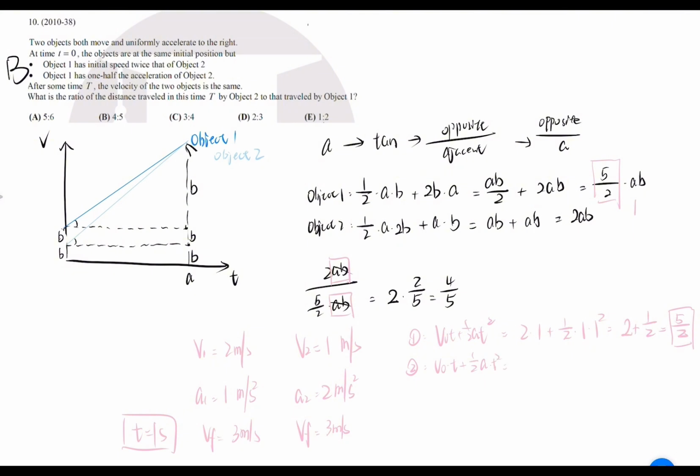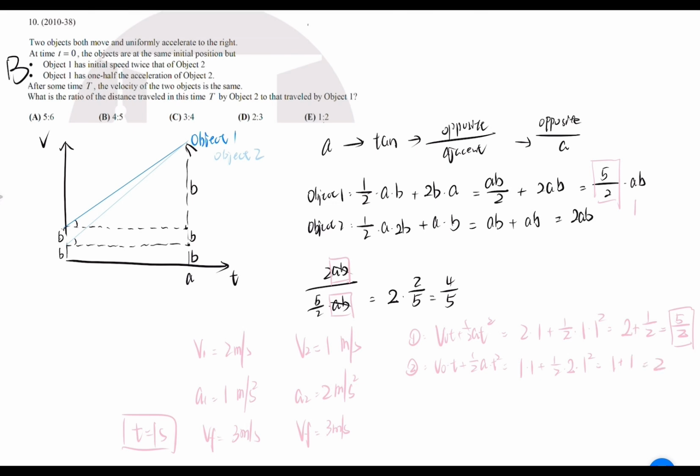This is 1 multiplied by 1 plus 1/2 multiplied by 2 multiplied by 1 squared, which is 1 plus 1 equals 2.